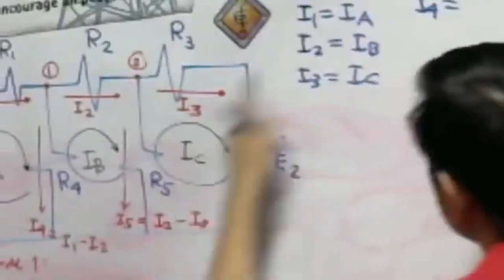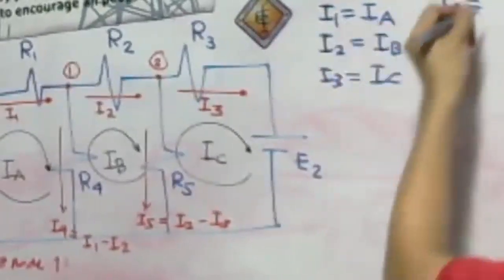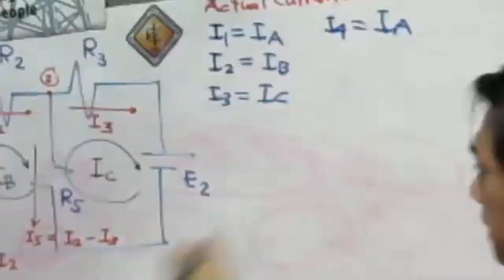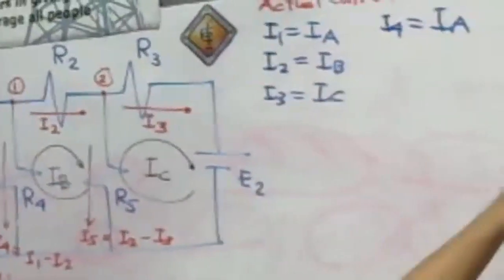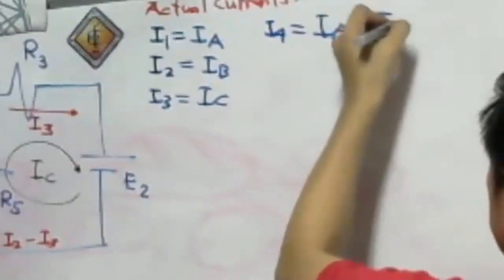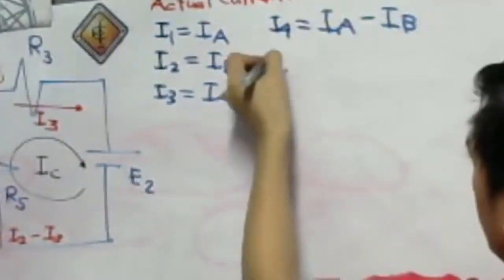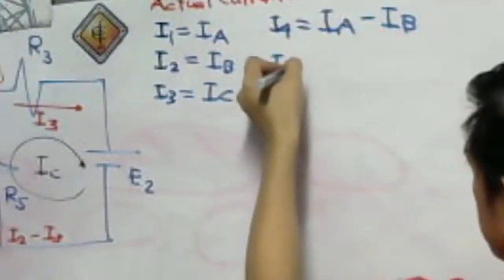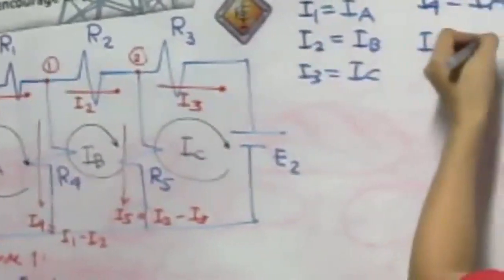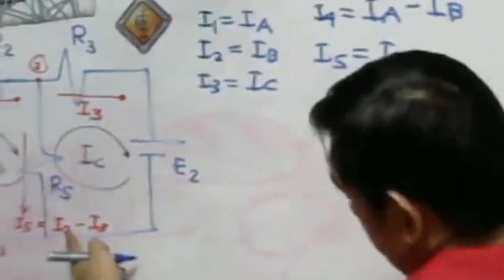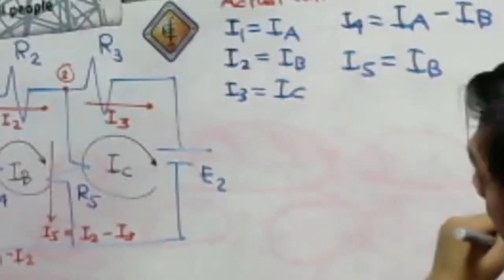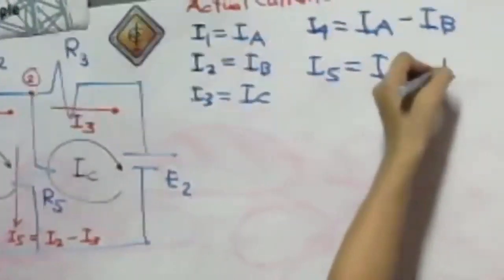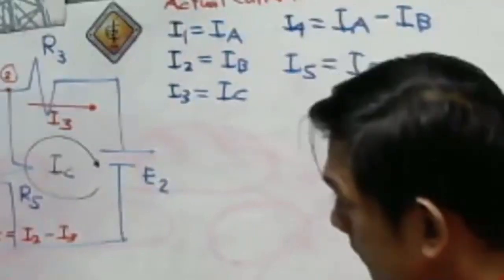But I1 is equal to I sub A, minus I sub 2, and our I sub 2 is equal to I sub B. Therefore, I sub 4 is I sub A minus I sub B. And then our I sub 5 is equal to I sub 2, which is I sub B, minus I sub 3. I sub 3 is equal to I sub C, so I sub 5 is I sub B minus I sub C.